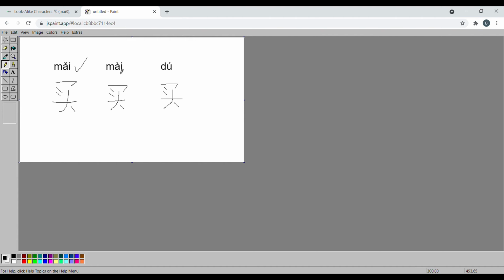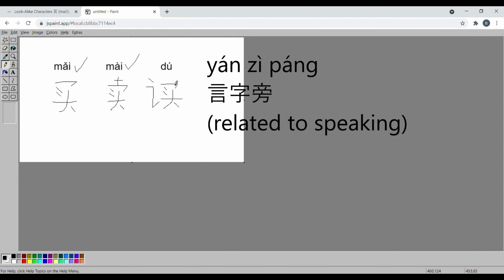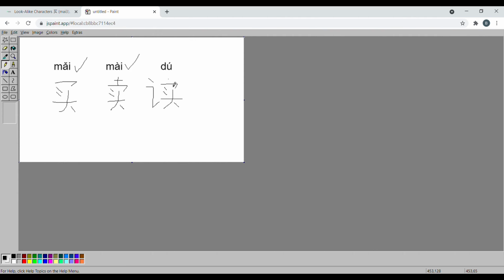If we wanted to write mài, then the stroke order would be, we have 2 strokes here, and then we would just write a mǎi like we have over here, and then we'd have mài, which means to sell. And lastly, for dú, first we would write out the radical, which is called a 言字旁, which we'll go over, and then we have 2 strokes like this, just like in mài, and then we write out a mǎi.